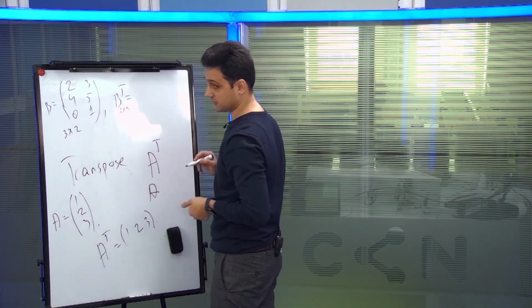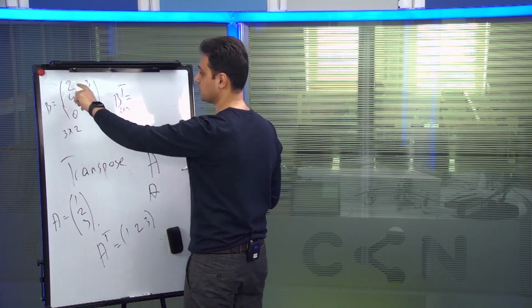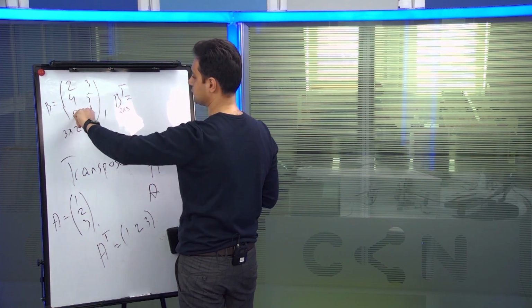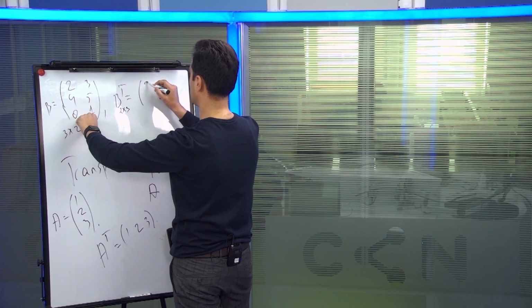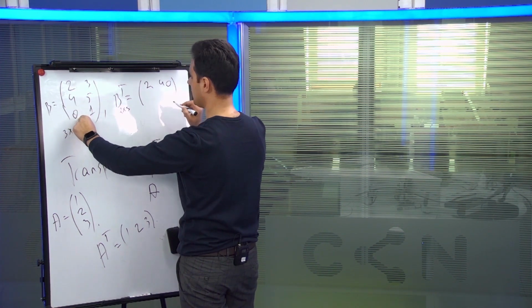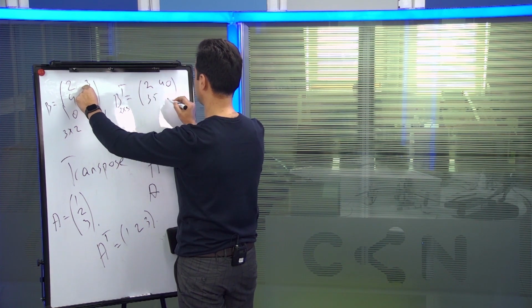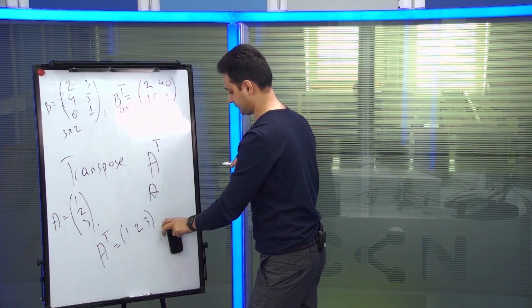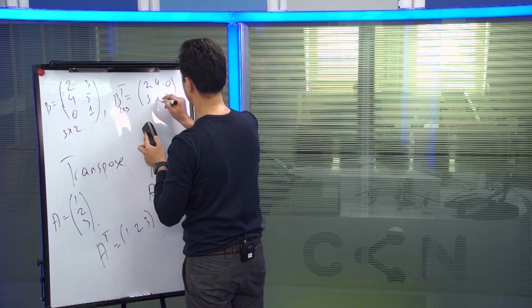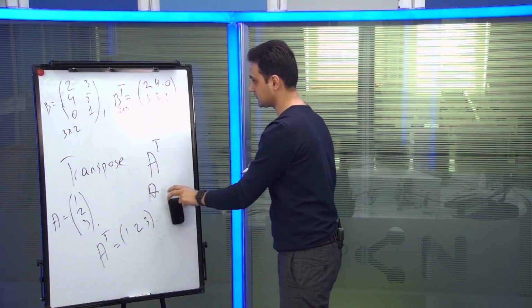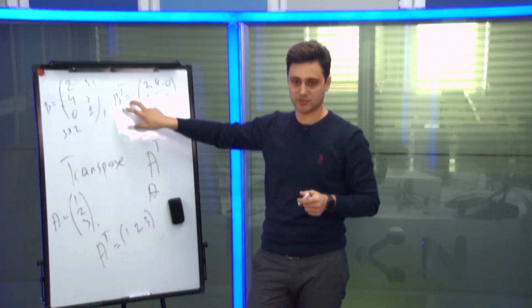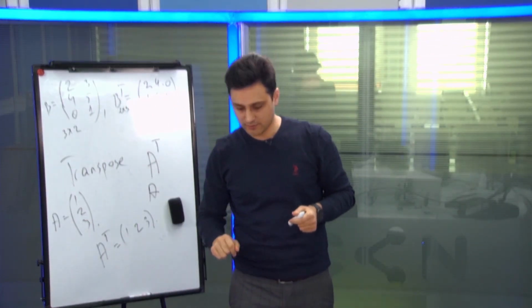Because we need to change the places of rows and columns. Also, this is for the elements of the matrix. 2, 4, 0 will now be row elements. It was column elements, now it's row elements. And 3, 5, 1. Sorry, I need to write it symmetrically: 4 and 5, yes. Well, B and B transpose of the matrix.